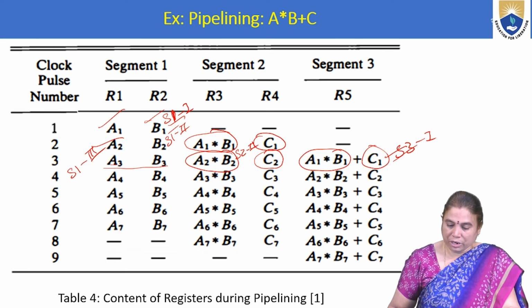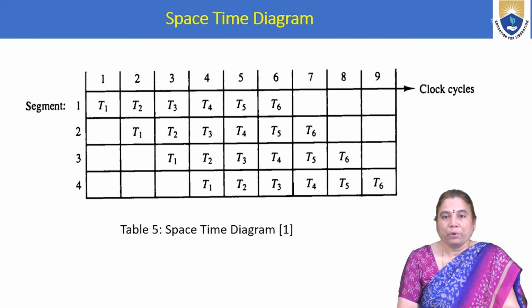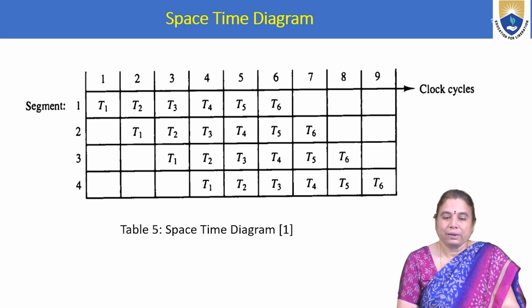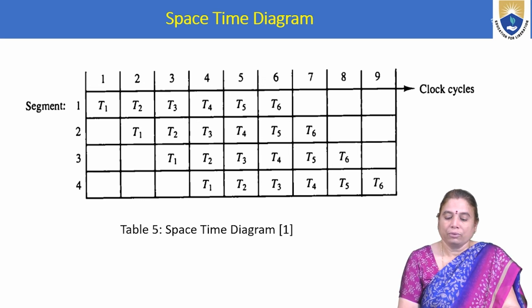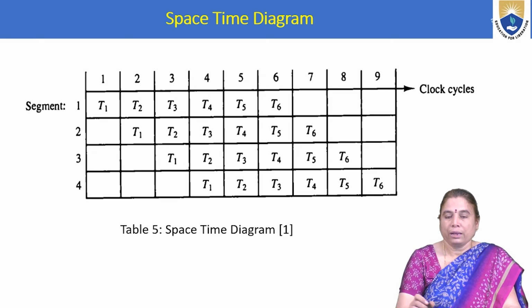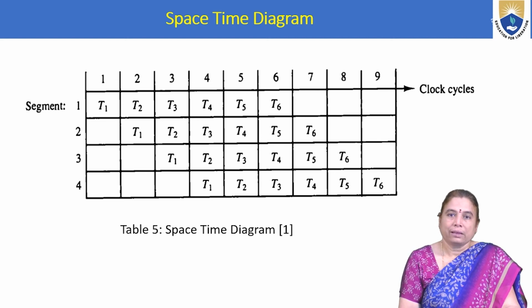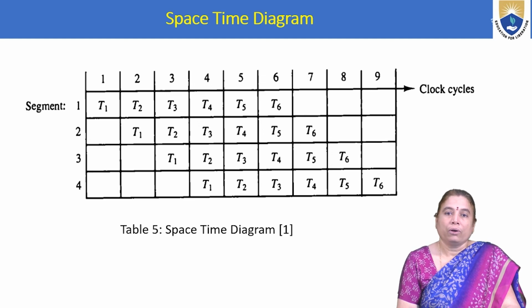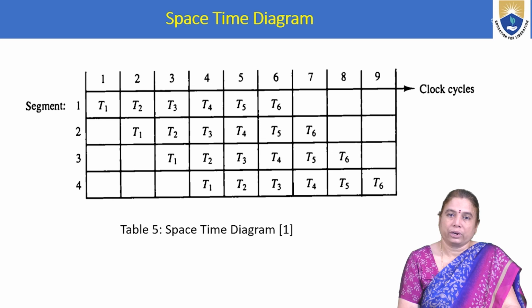So this relationship can be pictorially illustrated with the help of a space-time diagram. Here how the segments have to be executed and how the instructions are traversed with the clock pulses can be pictorially illustrated with the space-time diagram. So in this way, pipelining can be used to achieve the concurrent execution of instructions.